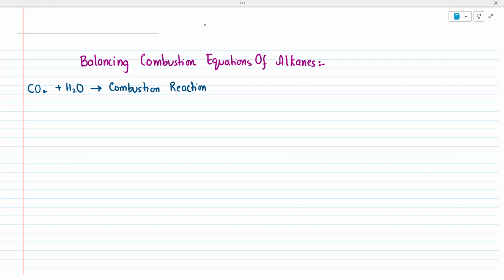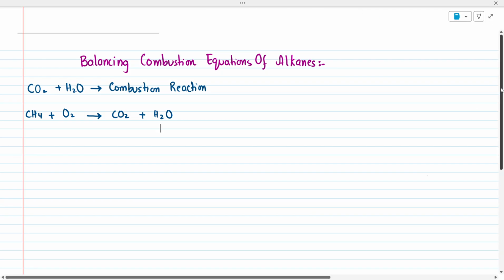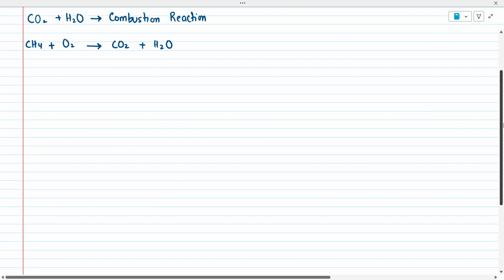So, for example, when methane undergoes complete combustion, it produces carbon dioxide gas plus water molecules. In an exam, they may ask you to write down the complete balanced equation for the combustion of propane.